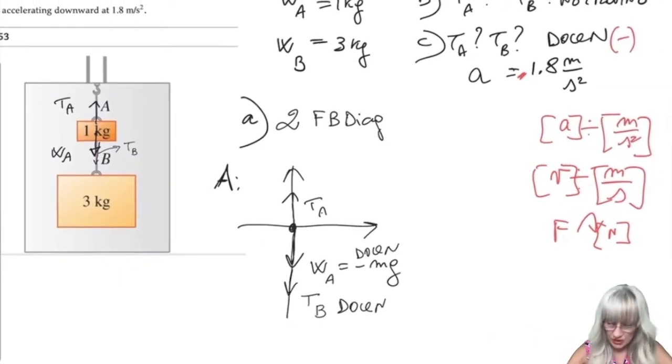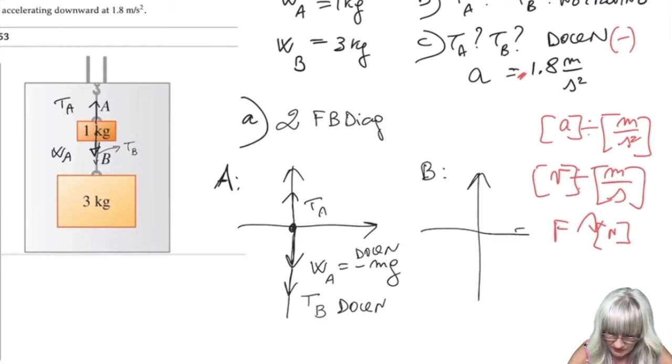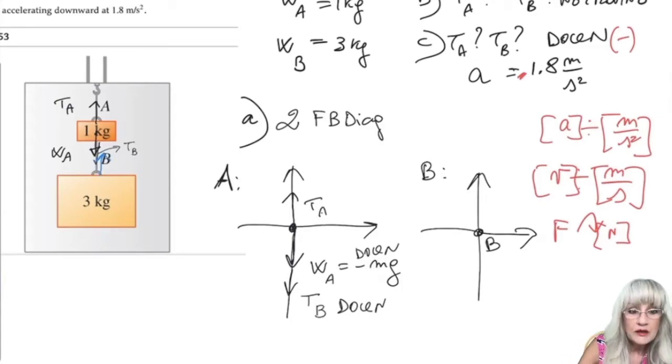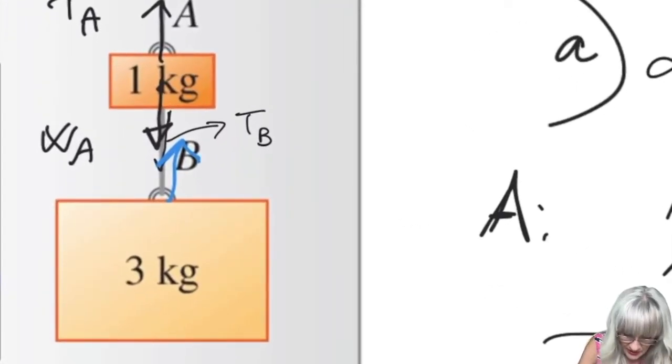How about object B? I'm going to place B at the center of the Cartesian axis. I'm going to do B in blue. What do you see? Pointing up in blue, you will have a tension B in the cable that is up.